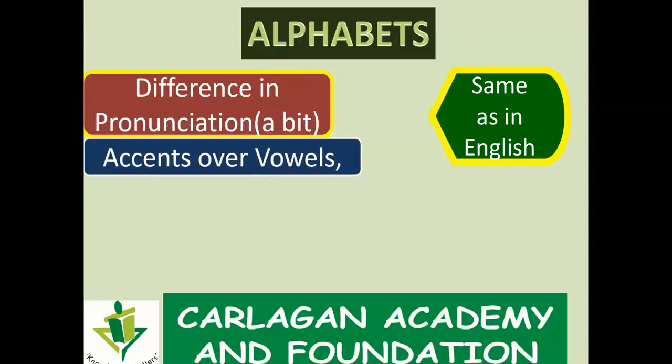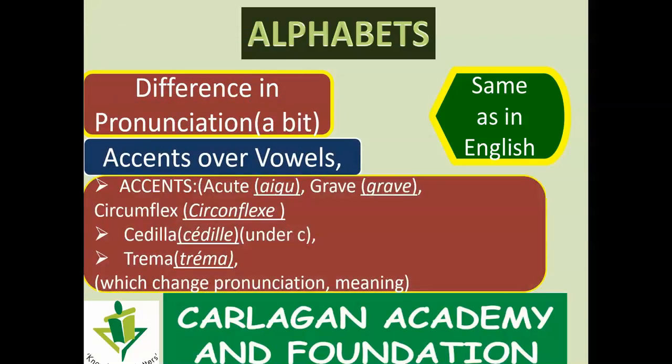Also, there are accents over vowels and other punctuation marks like the cédille and the tréma, which change the pronunciation and also the meaning. When you see the alphabets dropping on your screen, please repeat after me.